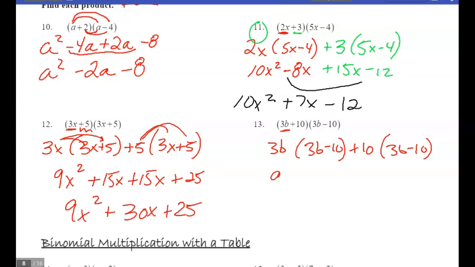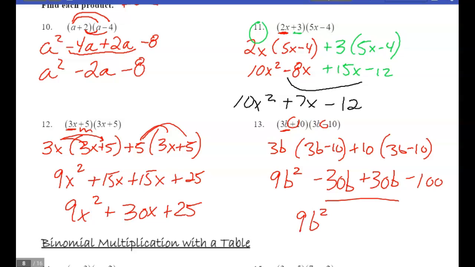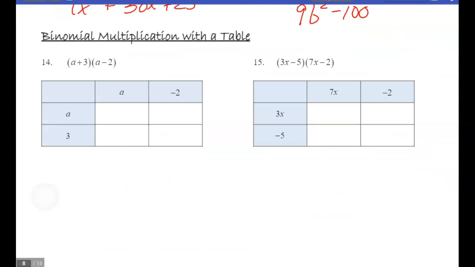So 3b times 3b is 9b squared. 3b times -10 is negative 30b, but then over here, 10 times 3b is a positive 30b, and 10 times negative 10 is negative 100. So whenever they match except they're opposites, like in this case, the inside terms will end up canceling. It's one of our special cases where, if they're identical except for that plus and minus sign, then the middle term will end up disappearing and you just get 9b squared minus 100.